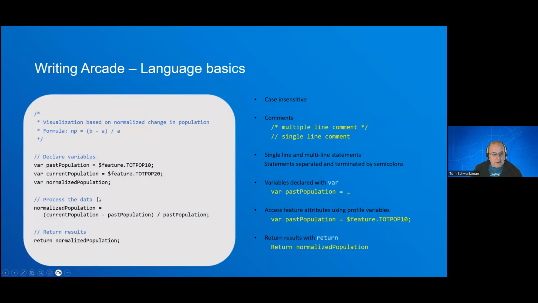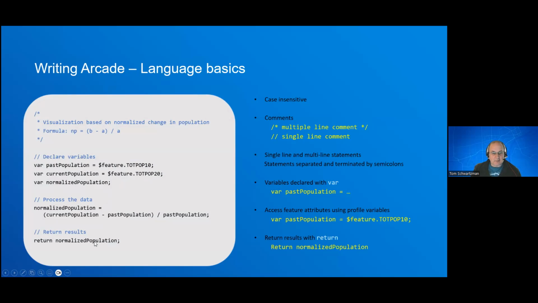Here's another example. You can see we're grabbing from the feature the total population in 2010 and 2020, and then we're going to calculate this normalized value equal to the change, or the percent here you see. And then we return, what are we returning back to be used?